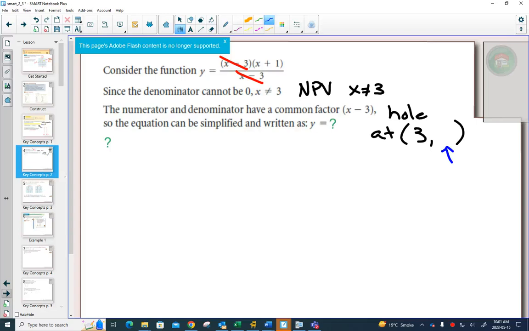And to get the y value of your hole, you're going to have to plug into the simplified equation. Once this simplifies, I get the equation, the x minus 3's are gone. Now I just get y equals x plus 1.